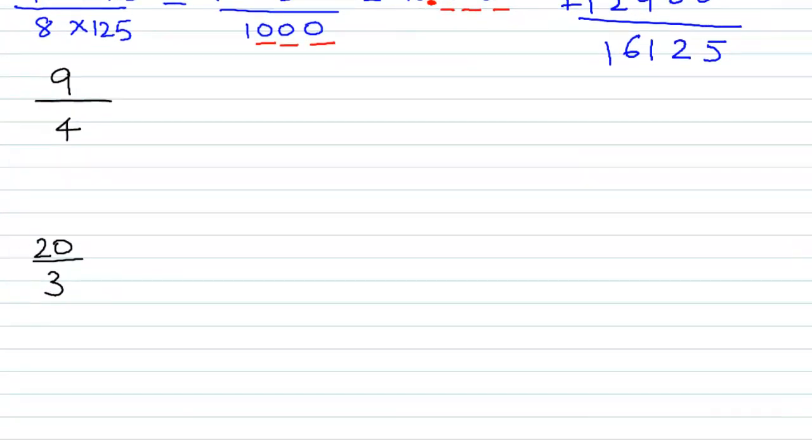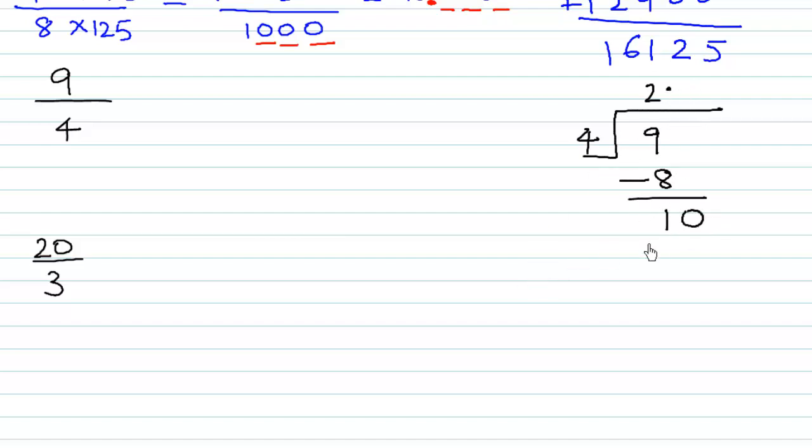Let's take another example. 9 upon 4. The first idea is divide the 9 by 4. 4 2s are 8. One remainder. We can put a decimal point and we can put a 0 at one time. Some might be thinking, why are we putting a 0 at one time? Because 9 can be understood as 9.0. So we're just bringing down the 0. 4 2s are 8 again, and 10 minus 8 is 2.